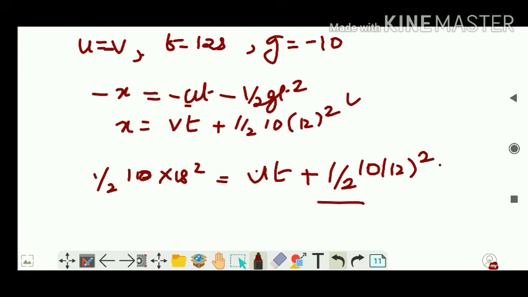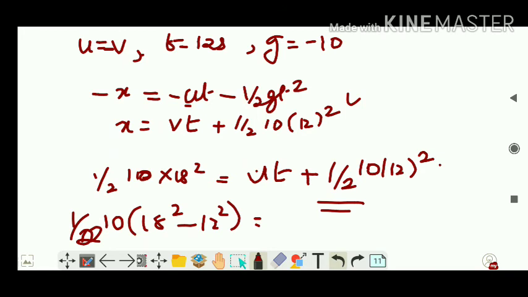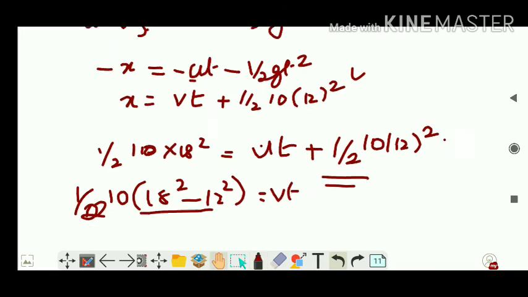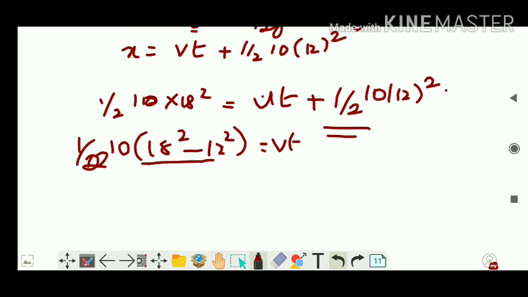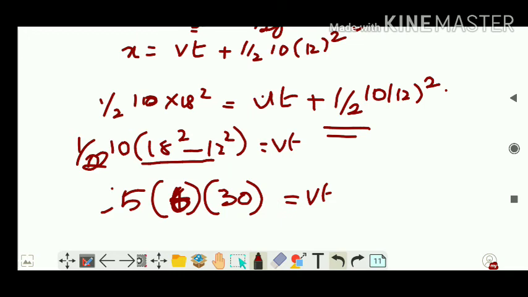Bring this half; half into 10 is common for these two terms. Then 18 squared minus 12 squared is equal to vt. Now what is a squared minus b squared? Remember, don't do 18 squared and then calculate it. This half into 10 is 5, so write 5 outside. Then a minus b, that is 18 minus 12, which is 6. Then a plus b, 18 plus 12, is 30. Is equal to vt.